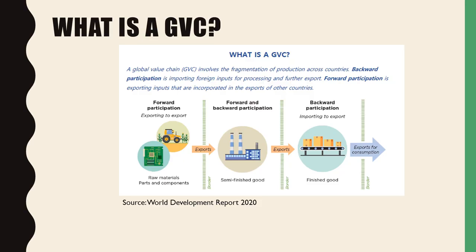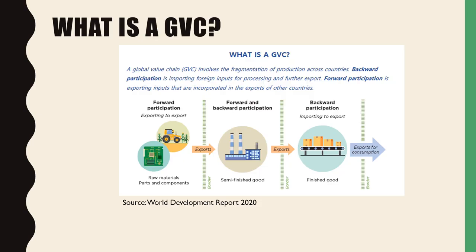From the left, we have forward participation, that is, producing to export. Here there are two examples: raw materials, and parts and components. Raw materials from the agricultural sector, such as dairy products, vegetables and fruits, may be exported to another country to produce, to export.